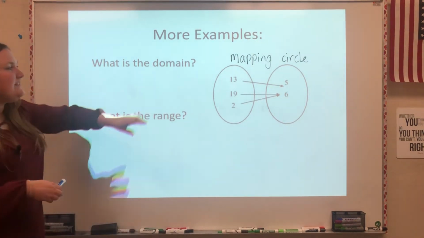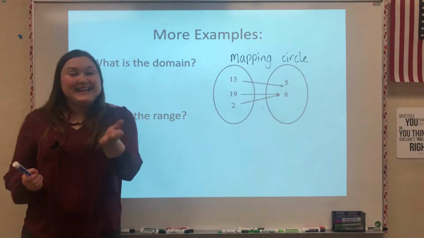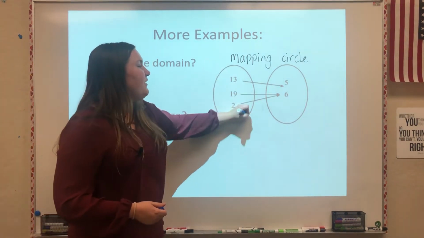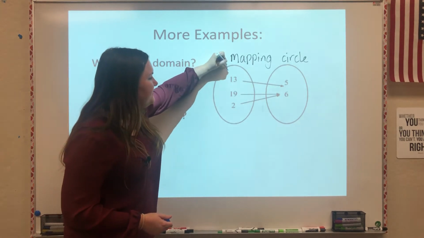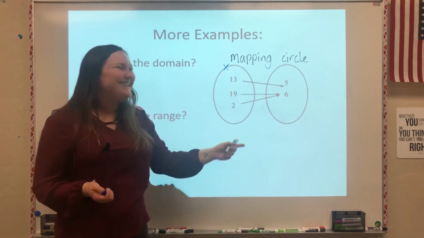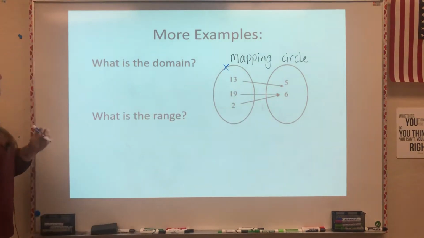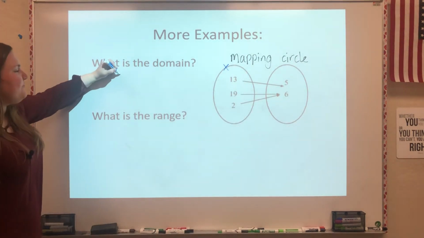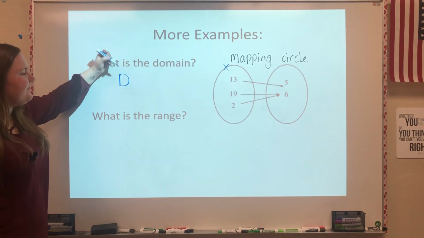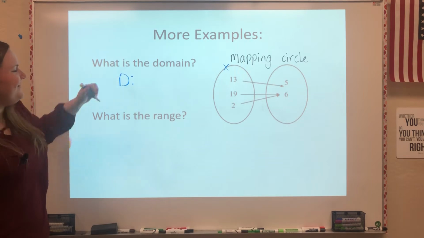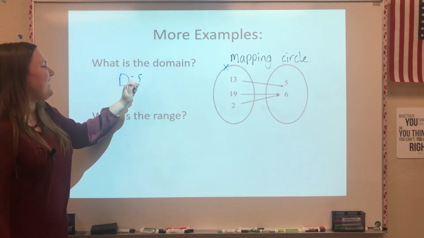In order to find the domain, we said it is all the x's. That, for your mapping circle, is going to be that first circle. It's going to be the inputs, which are all of these. Remember how we did it last time. When I write domain, I'm going to label it as D for domain. And then I'm going to use these brackets here.